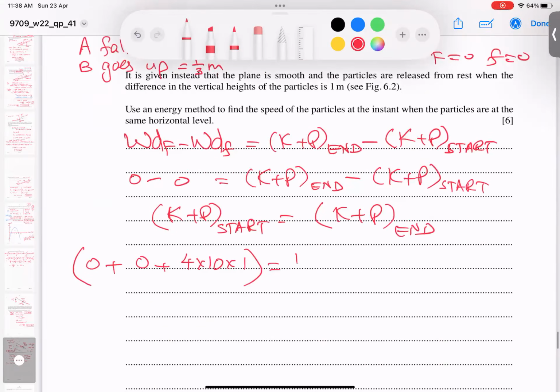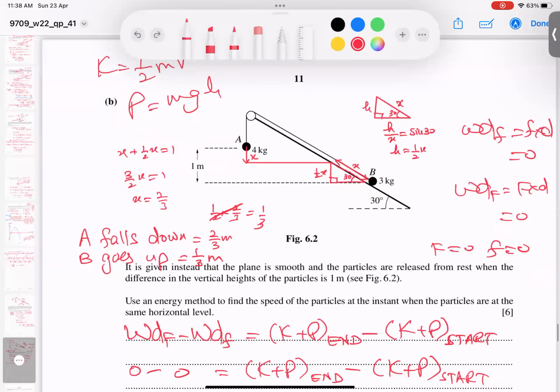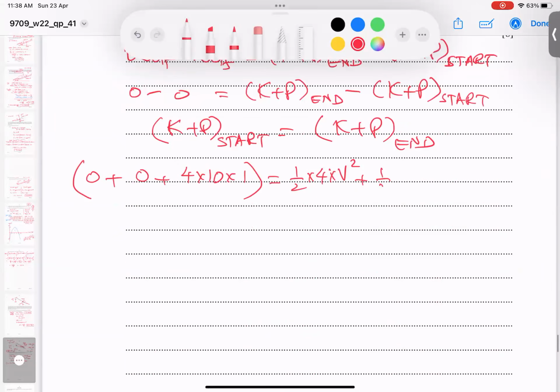Half 4 V square. And what is the kinetic energy of B? It is the same, half into mass 3. Half 3 V square. I hope so. This is clear. This is the kinetic energy of both particles.